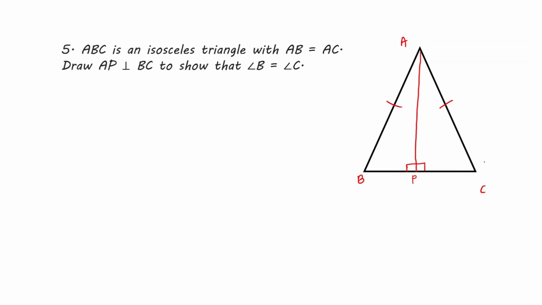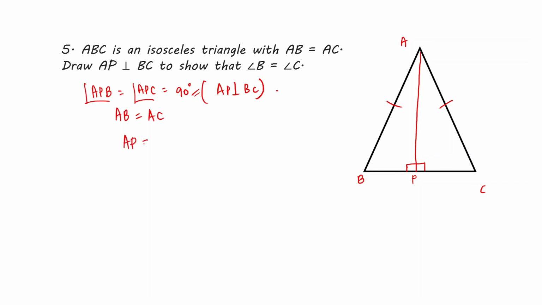ABP and triangle ACP. In both these triangles, we find some equalities, that is, angle APB is equal to angle APC, which is 90 degrees, because AP is the perpendicular bisector of BC. Now we also know that side AB is equal to side AC because it's an isosceles triangle.